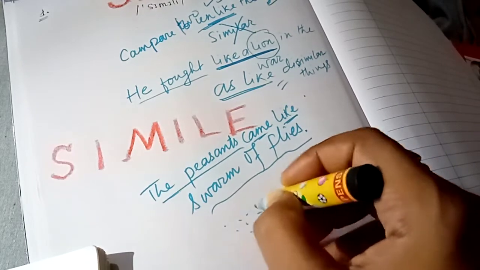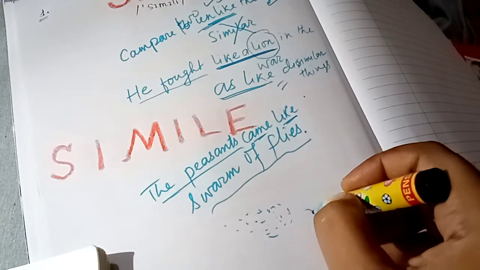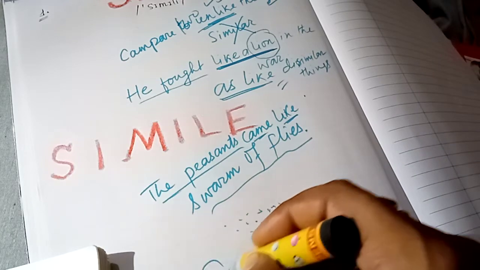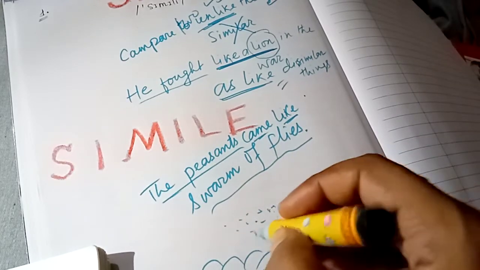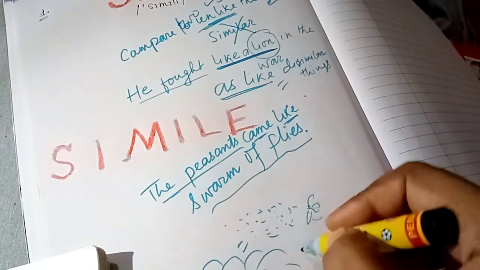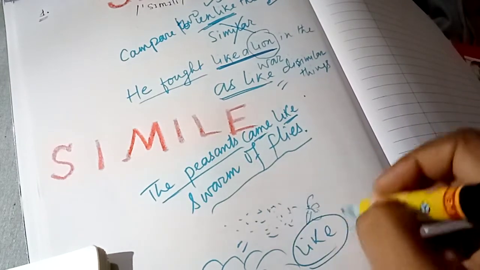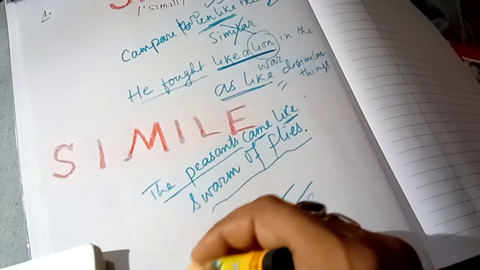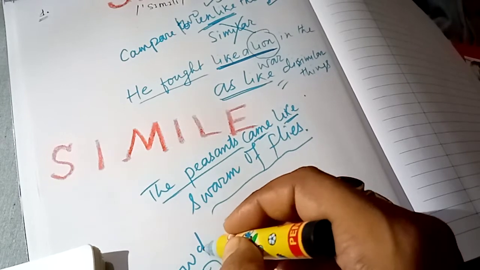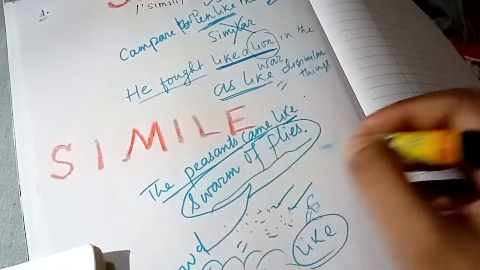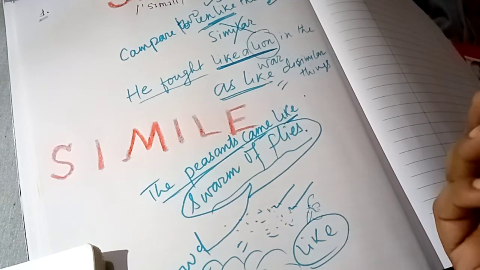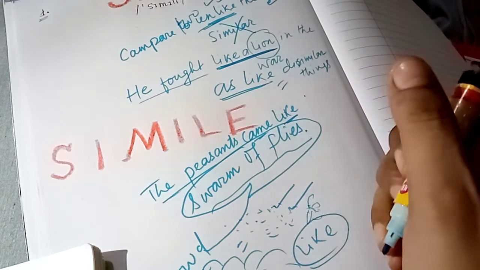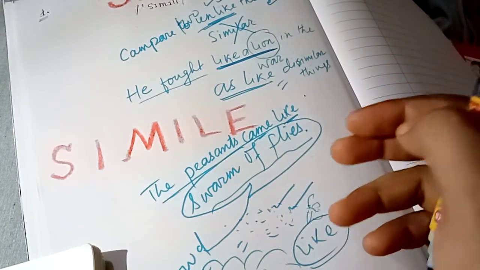Suppose lots of locusts or flies are there. So, these are the farmers. They are coming like a swarm of flies. So in place of crowd, we have used swarm of flies to make it ornamental. When we say crowd, it's a general thing. And when you say swarm of flies, then that adds upma alankar, or you can say simile.